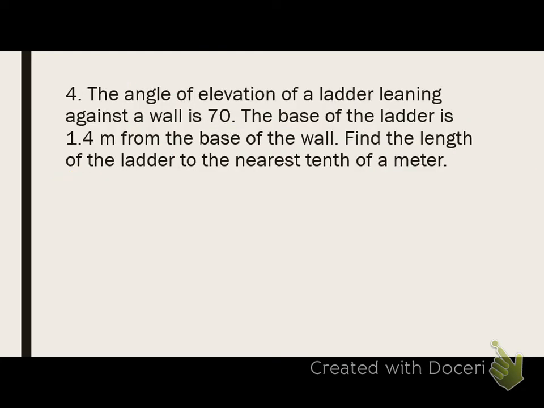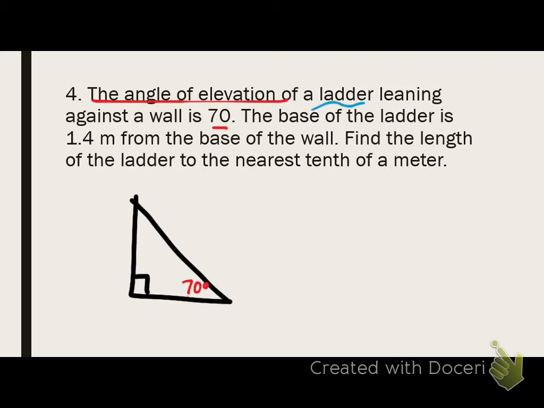The angle of elevation of a ladder leaning against a wall is 70. The base of the ladder is 1.4 meters from the base of the wall. Find the length of the ladder to the nearest tenth of a meter. So again, we're going to have a right triangle. The angle of elevation of a ladder leaning is 70. So angle of elevation goes down here. And this is a ladder leaning.